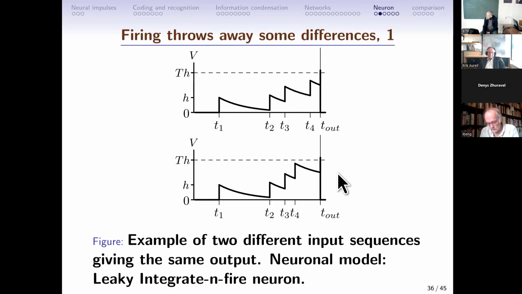But it so happened that the triggering spike is obtained at the same time. As a result, in both cases, a spike is generated at the same moment of time, and the difference in the arrival of T4 has been forgotten.